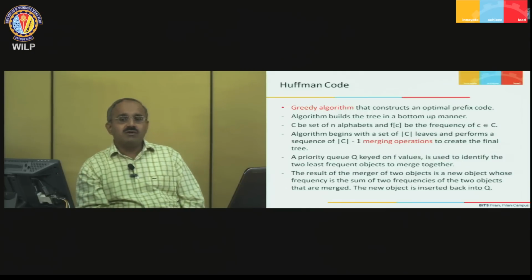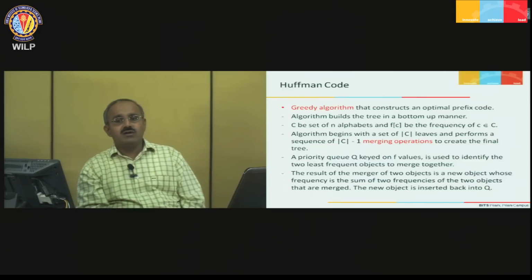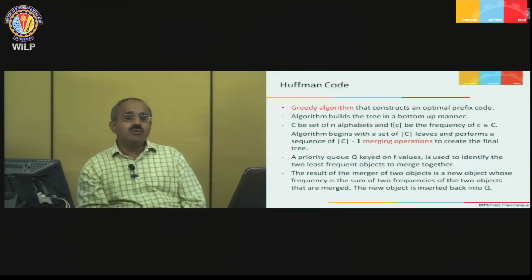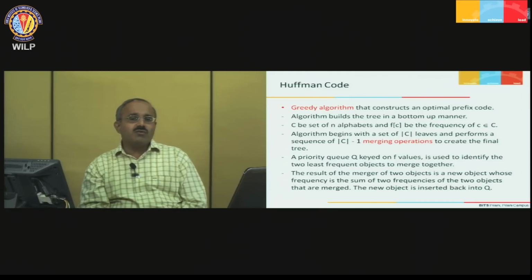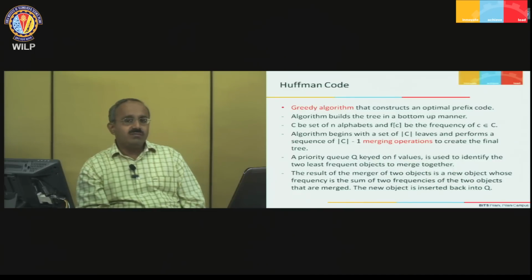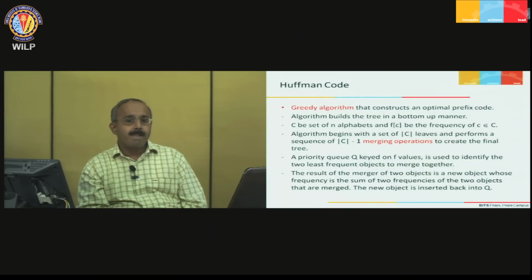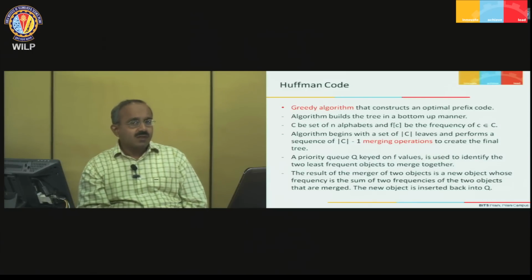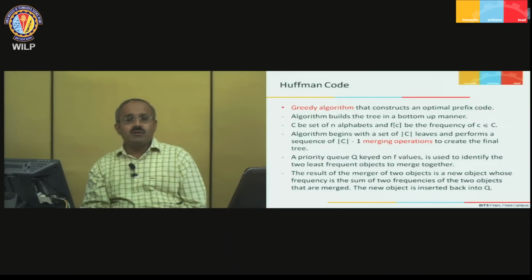The result of the merge is a new object whose frequency is the sum of the frequencies of the two objects that are merged. The new object is going to be inserted back into the priority queue. Right? So, Huffman code is going to be a greedy algorithm. That means, we are going to always start working with keys that have the least frequencies and keep on merging them together.